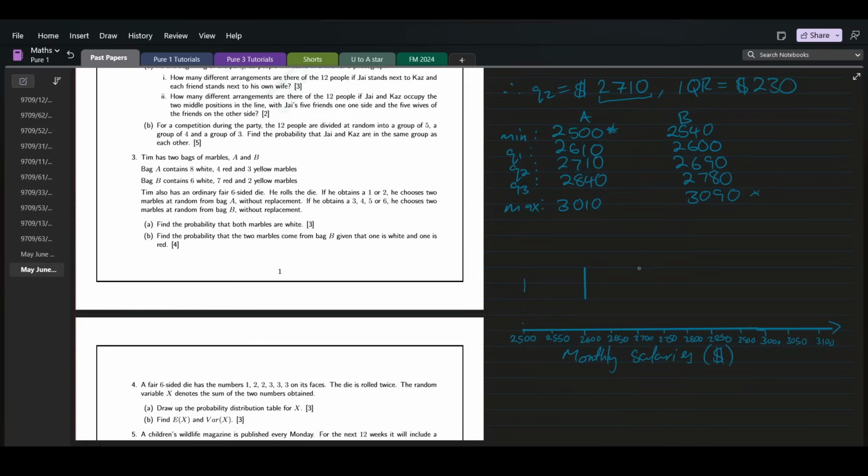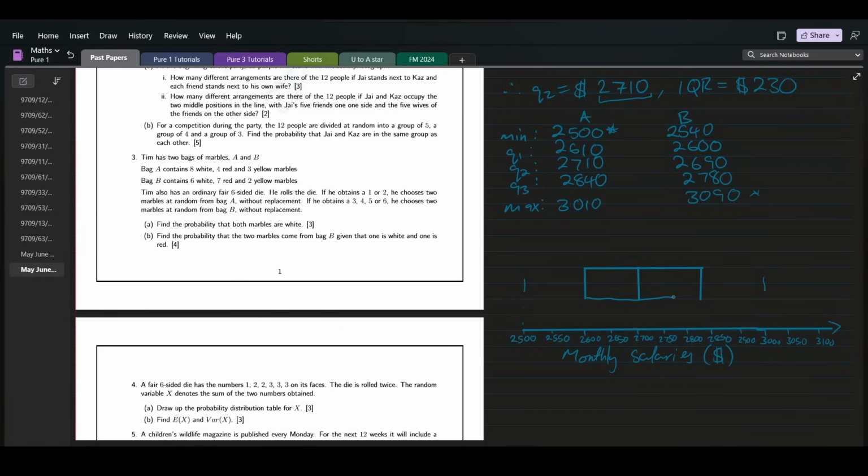That would be somewhere here, and then Q3 2840 right here, and then the max value 3010. That should be there. And now let's draw the box.